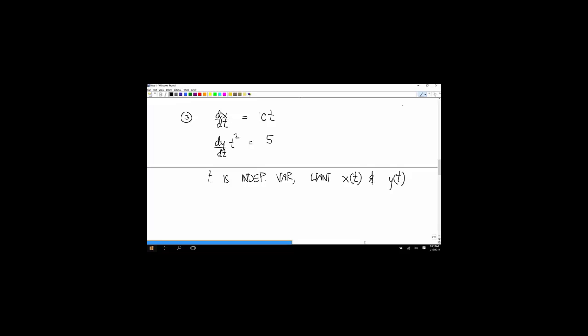So you can have any number of functions you're solving for as long as there's only one underlying independent variable.